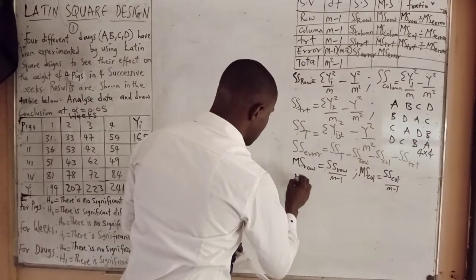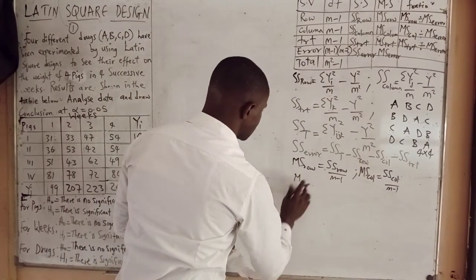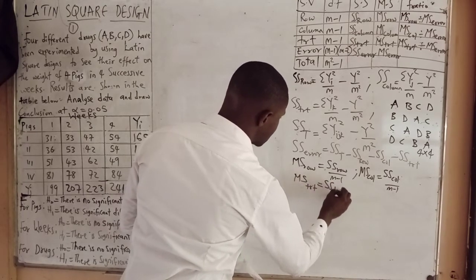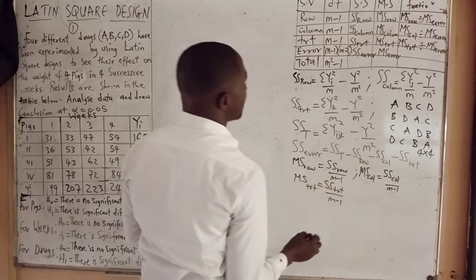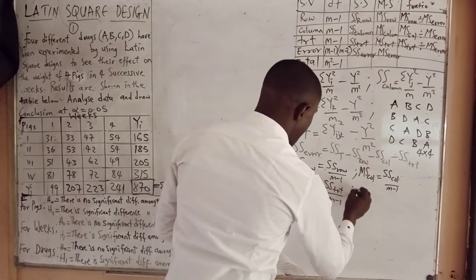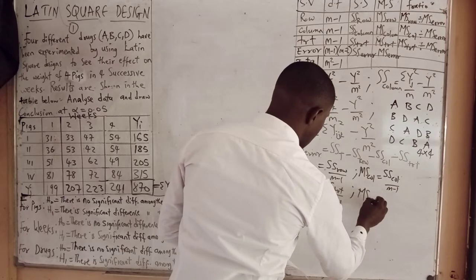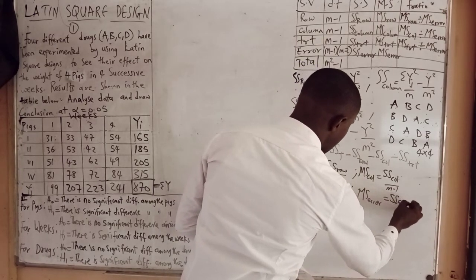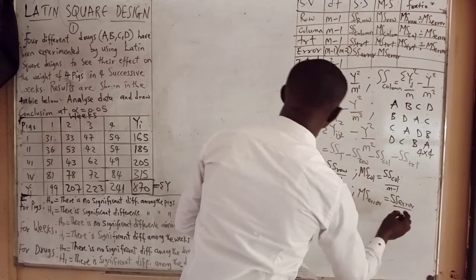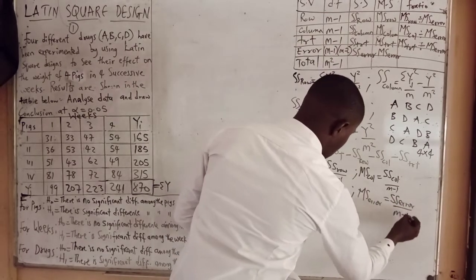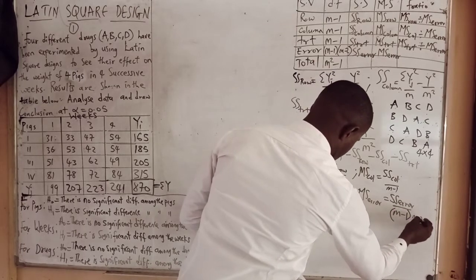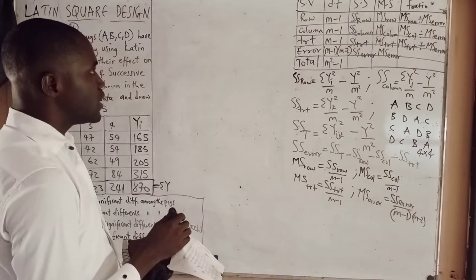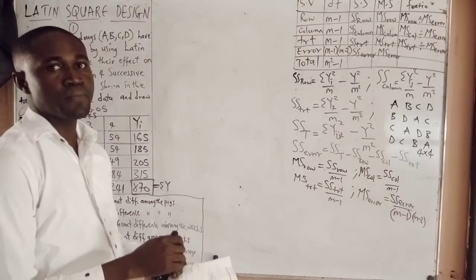Then MS treatment equals SS treatment divided by M minus 1. Then MS error equals SS error divided by (M minus 1)(M minus 2). So we have derived the formulas we need for this question.